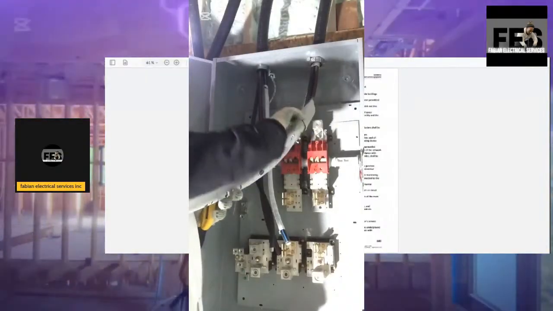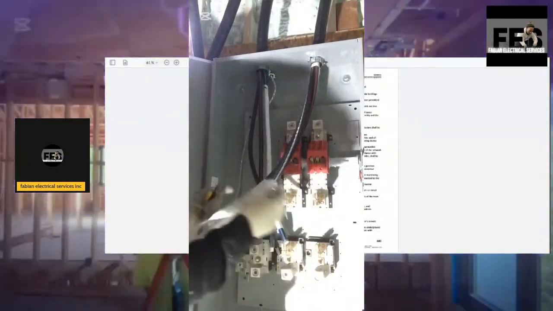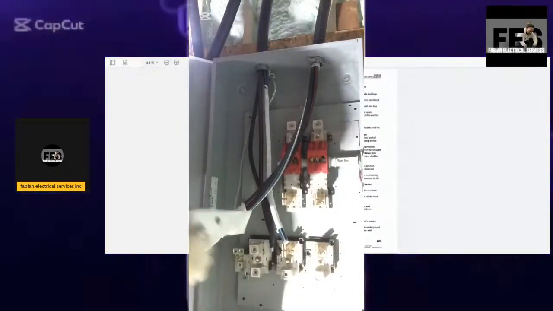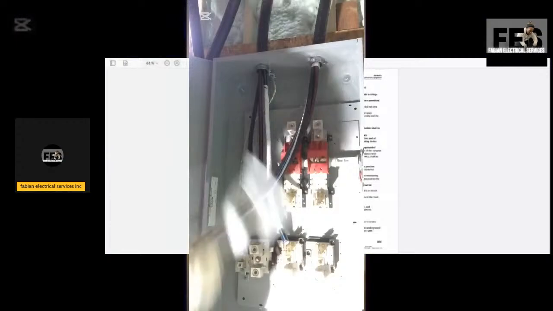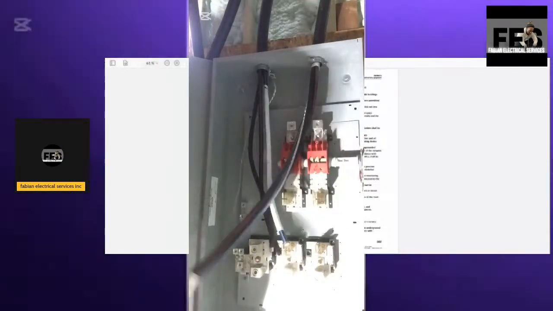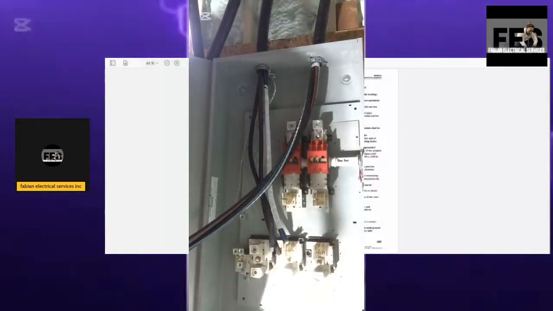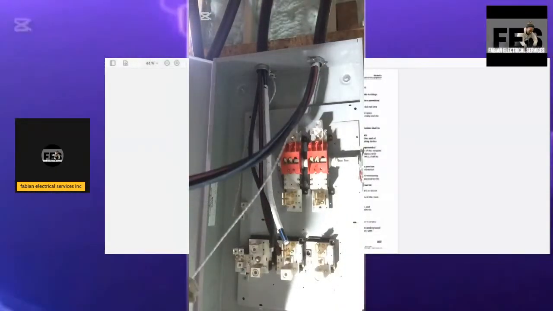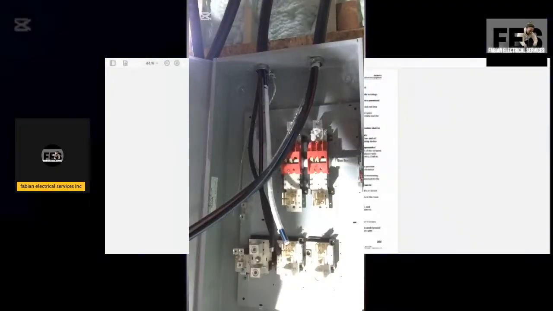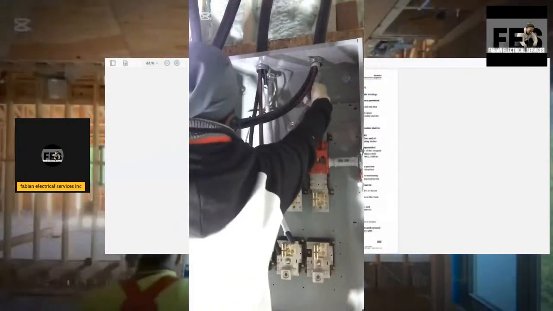The main 400 amp panel is located inside of the electrical room, in the basement of the home, and it's more than 40 feet away from the meter base. So I have to install my disconnect per code to stay within my electrical code compliance.